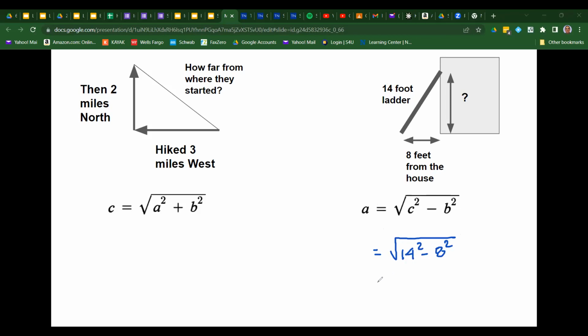So that's what we have. Hit enter on your calculator, and you should get about 11.5 feet. And that makes sense that this would be about 11.5 feet shorter than the length of the ladder, which we know to be the longest dimension in this triangle.